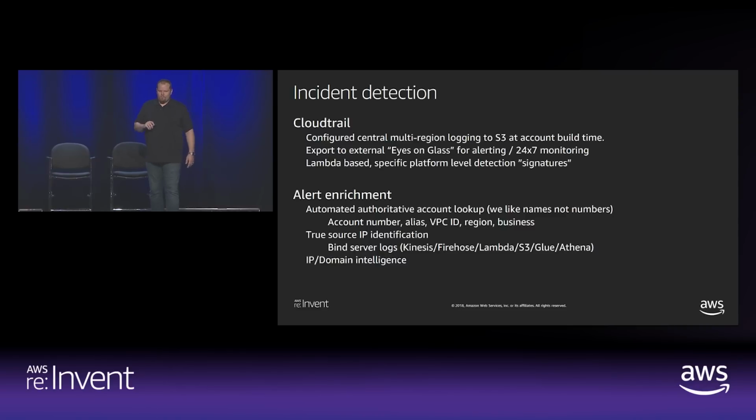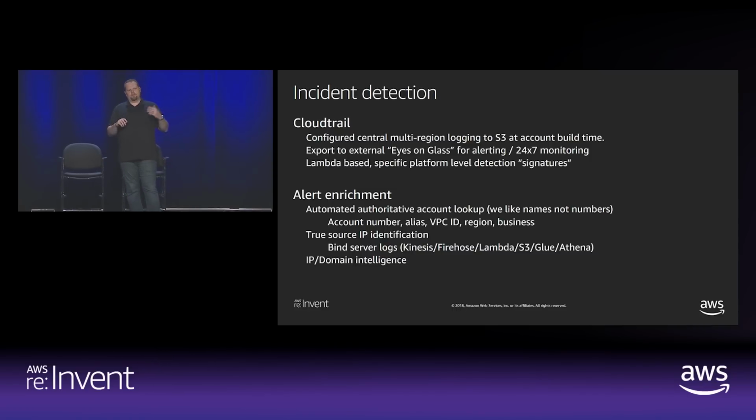So what we do is we have, and Thomas went over this, the centralized logging of CloudTrail across all regions, right? Because we want to see everything. I want to see everything I possibly can. I might not be able to do something with that piece of data at the moment, but I still want it, right?